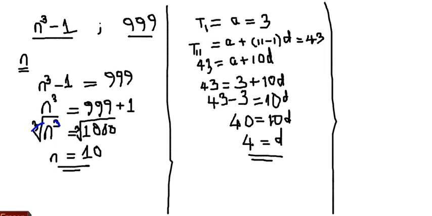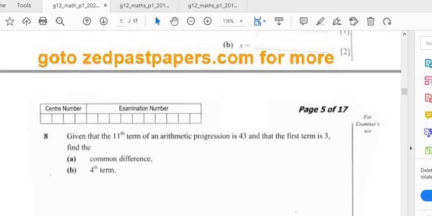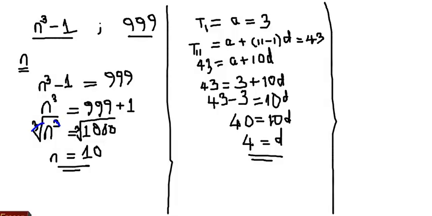And finally, the last part of the question says we find the fourth term. So we know the formula for T4. The formula for T4, the fourth term, is a plus 4 minus 1 d. We already have the first term and the common difference.